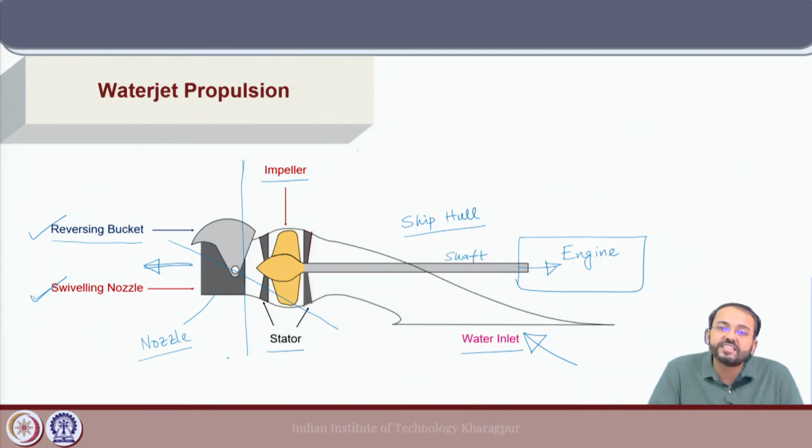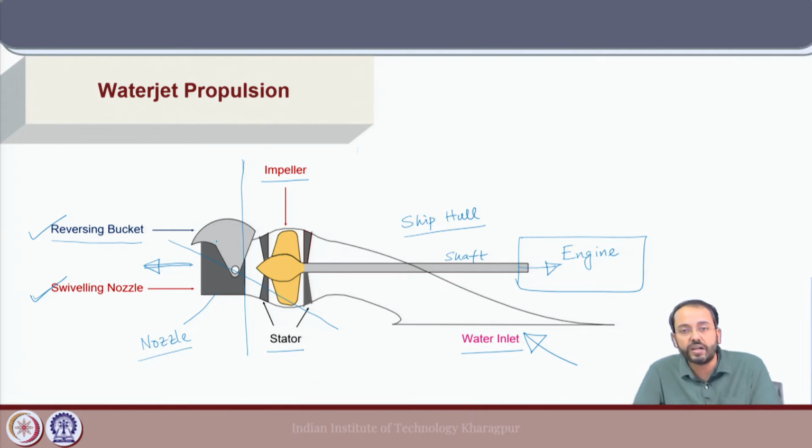Now, during astern operation of the ship, when the ship needs to move in the astern direction, this reversing bucket can be used to reverse the thrust. That is why it is known as the reversing bucket.